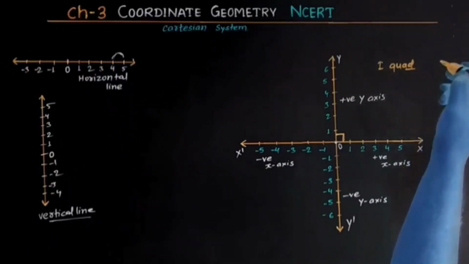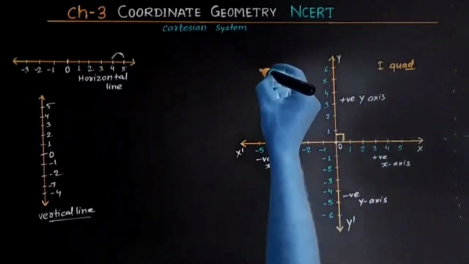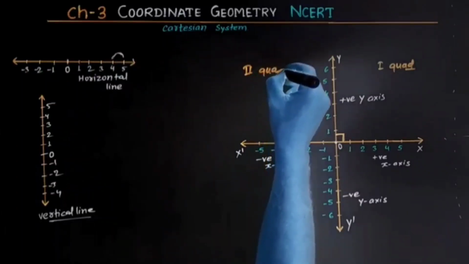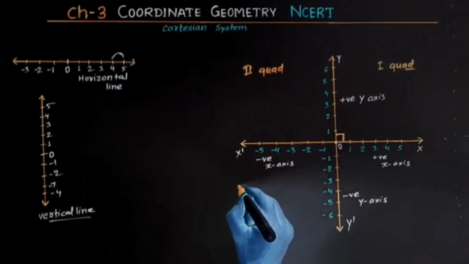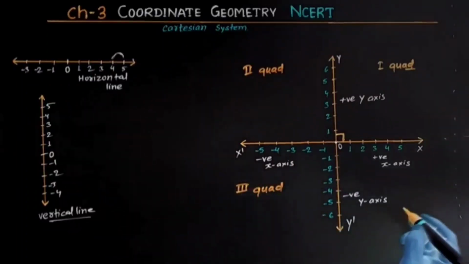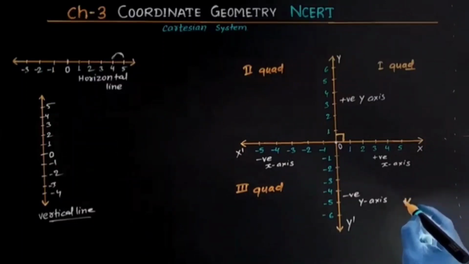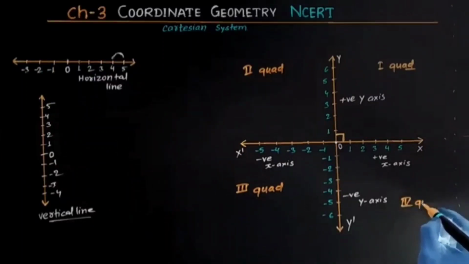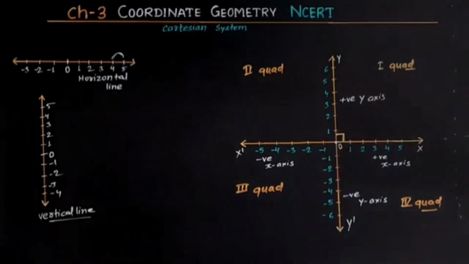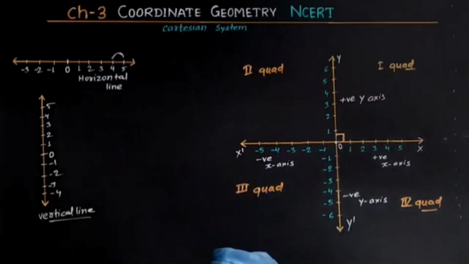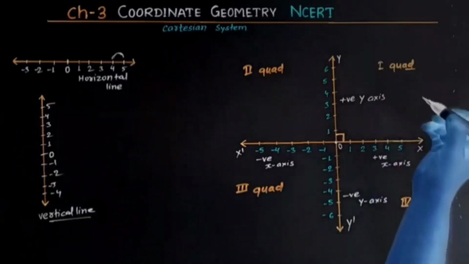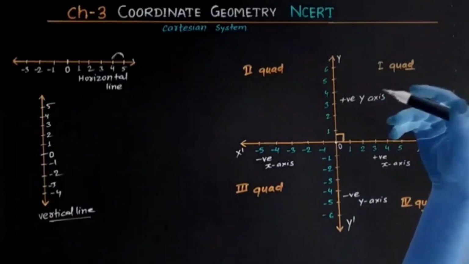Where x is negative and y is positive, that is known as what? Second quadrant. While x is negative and y is negative, this quadrant is known as the third quadrant. When x is positive and y is negative, it is known as what? Fourth quadrant. So these two lines divide the plane into four quadrants, and they are denoted by first, second, third and fourth quadrant respectively.